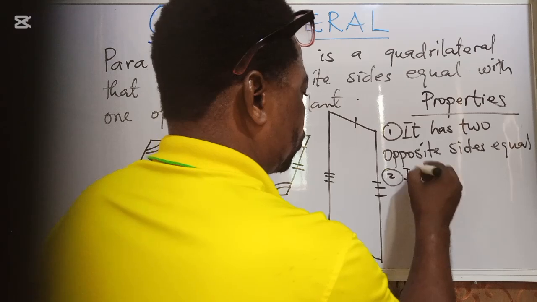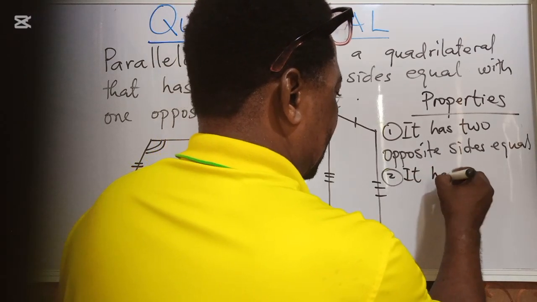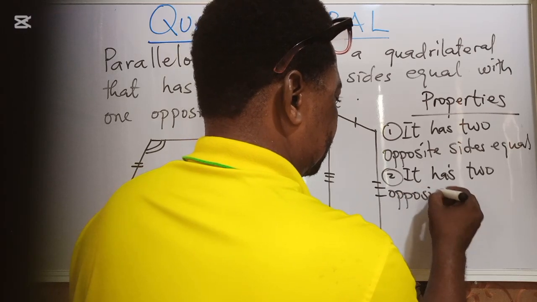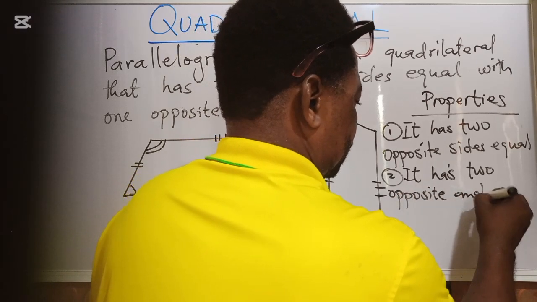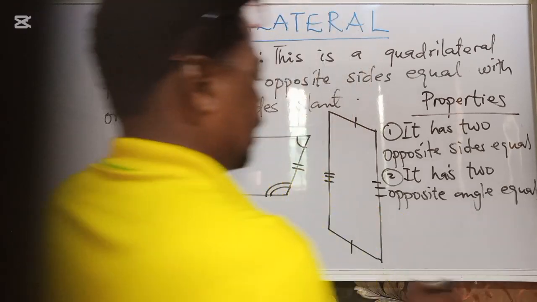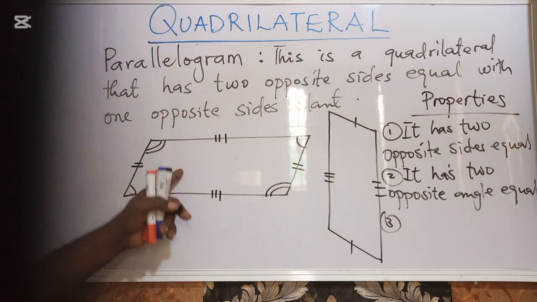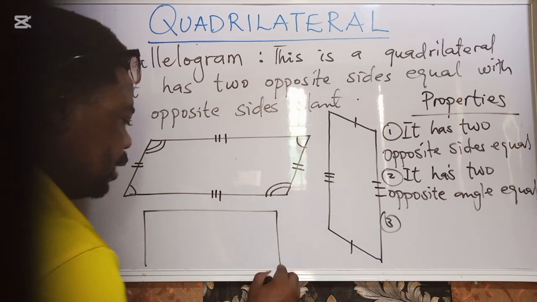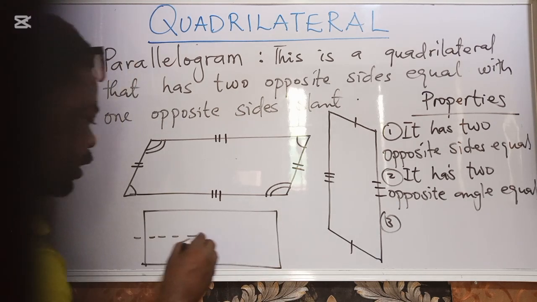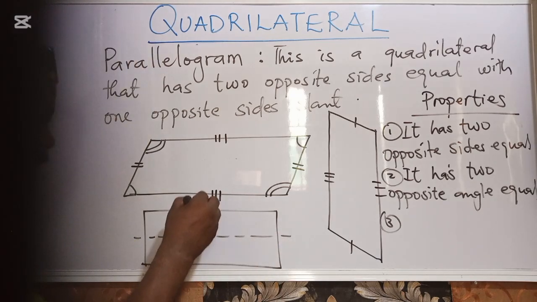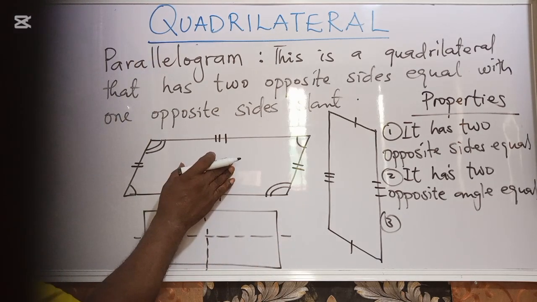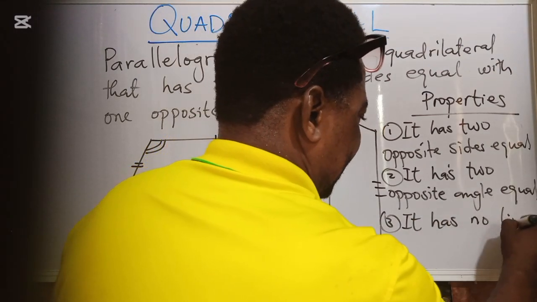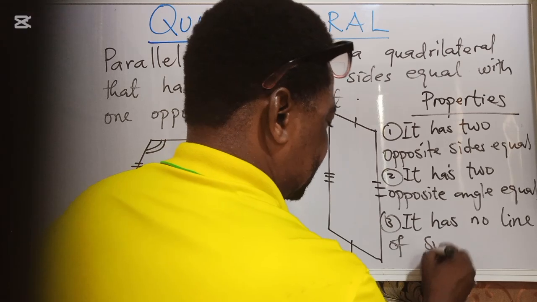So it has two opposite angles equal. And the third one, remember, a rectangle has two lines of symmetry. If this is a rectangle, the line of symmetry in a rectangle is the one that cuts this one into two equal halves, and the second one that comes like this. But now you have destroyed it, so it has no line of symmetry. It has no line of symmetry.